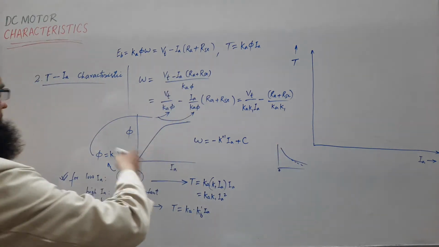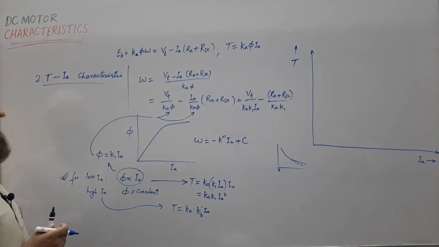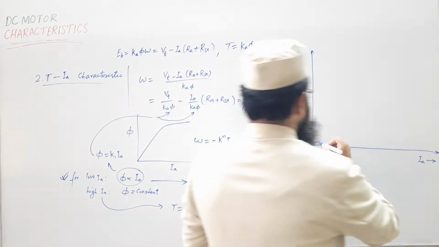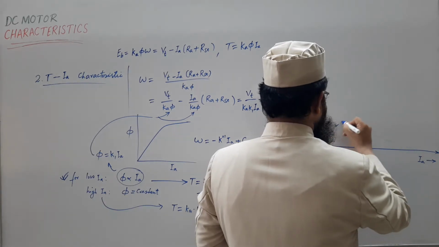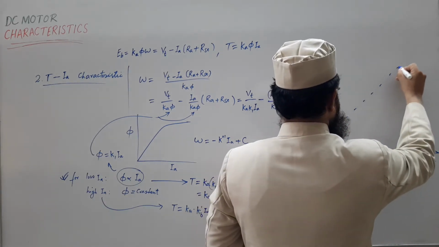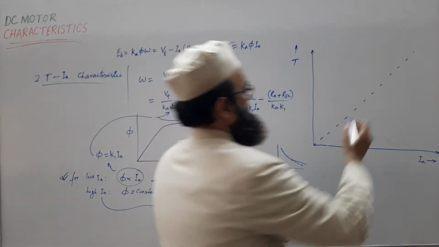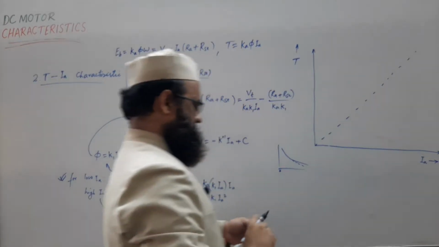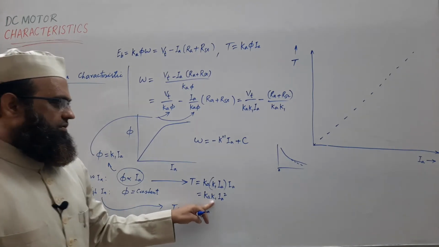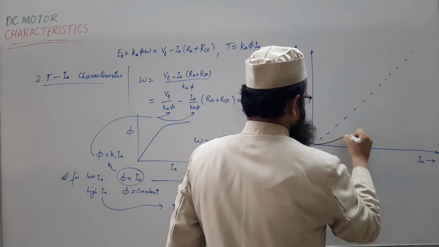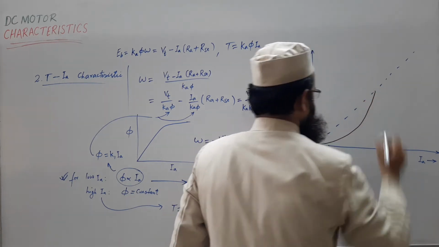Coming to our torque versus armature current characteristic, if you want to plot this torque, for the initial part, let us mark some straight line, and plot for this Ia square non-linear. So for the initial value it will be like this, right.